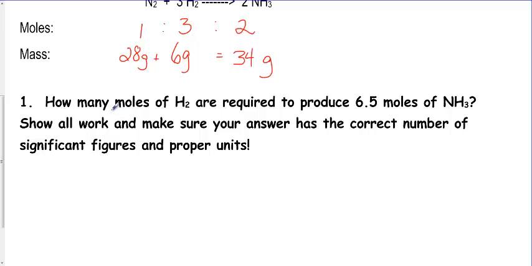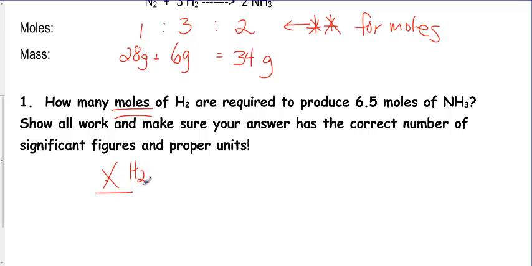First question says how many moles? So that's when we're going to use the mole ratios. We want to know how many moles of H2, in our general equation, 3 in the original recipe, is going to equal 6.5 moles of NH3, where the original recipe yields only 2.